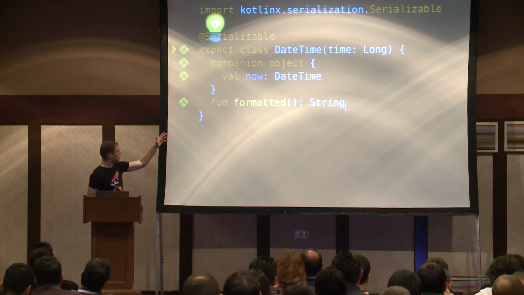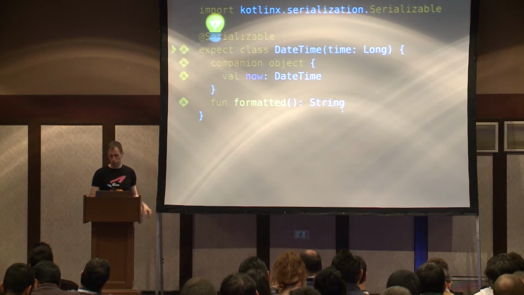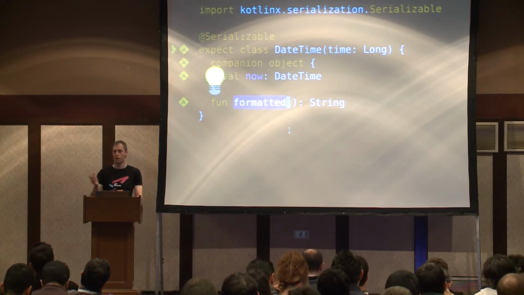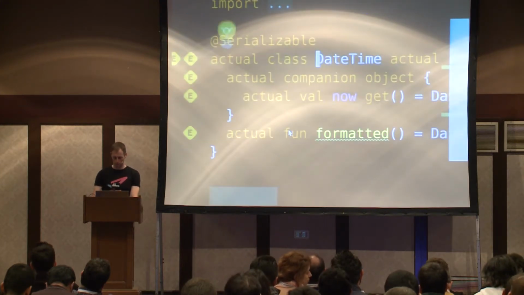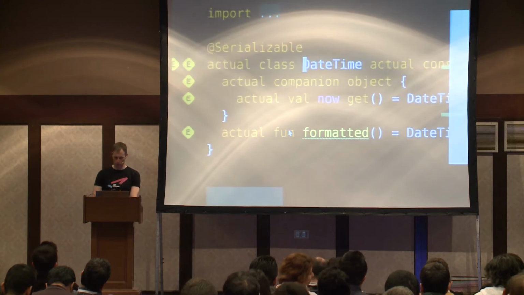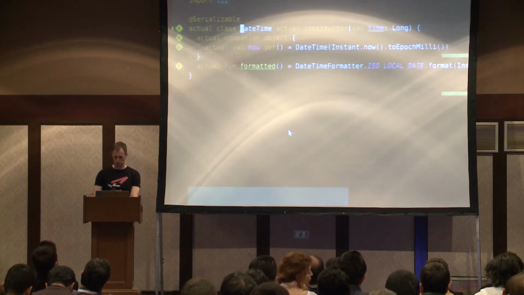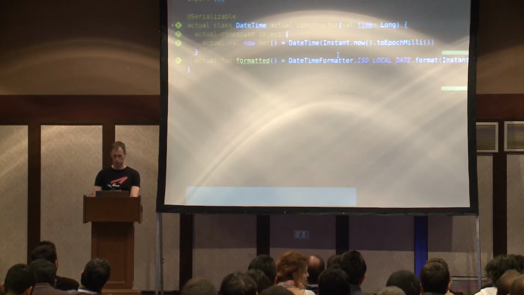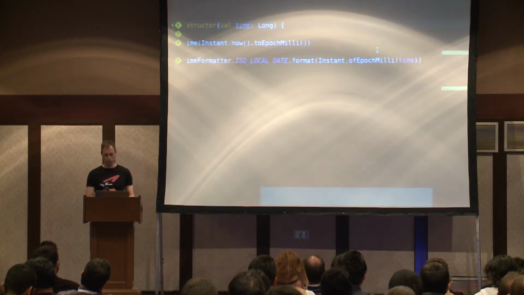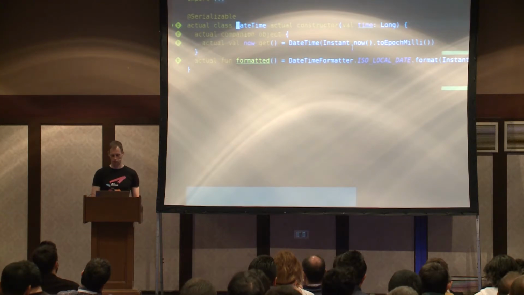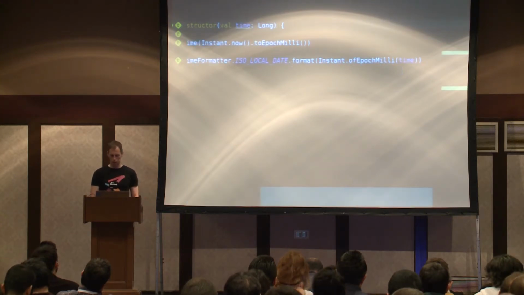Just a constructor with a long and a method to format the date to present it. Let's see how it is implemented. So here we are on the Java side, and I quickly implemented it using Java DateTime APIs with Instant and DateFormatter.